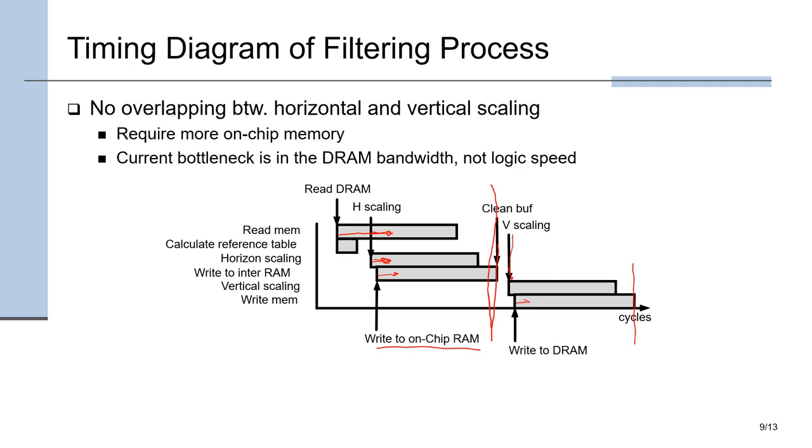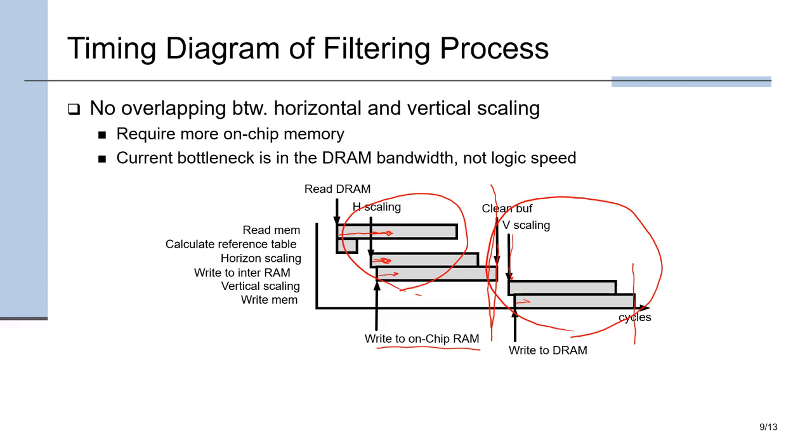It is possible to overlap the horizontal scaling process and the vertical scaling process to a certain degree if the memory bandwidth is not limited. But for the verification platform we use, the FPGA development board, we have some constraint on the DRAM bandwidth.